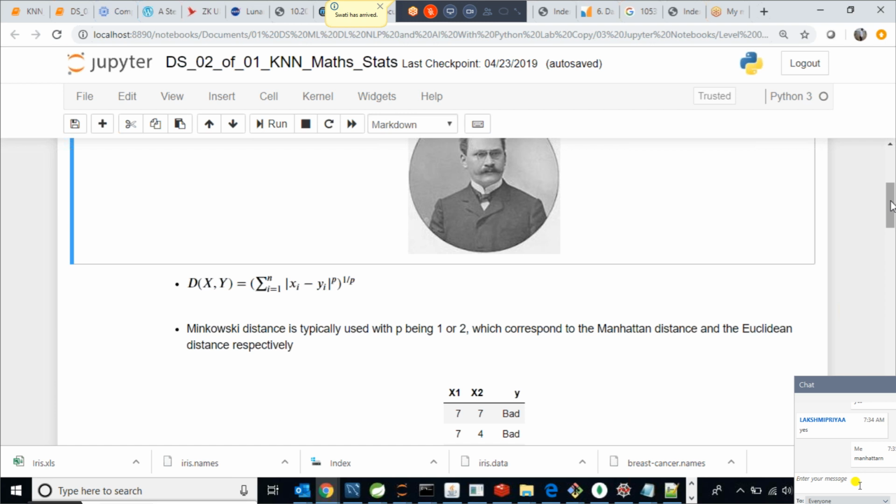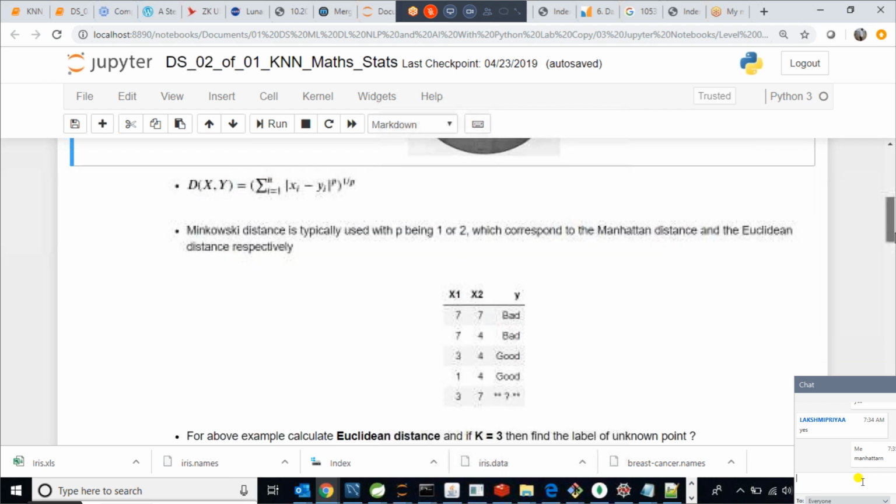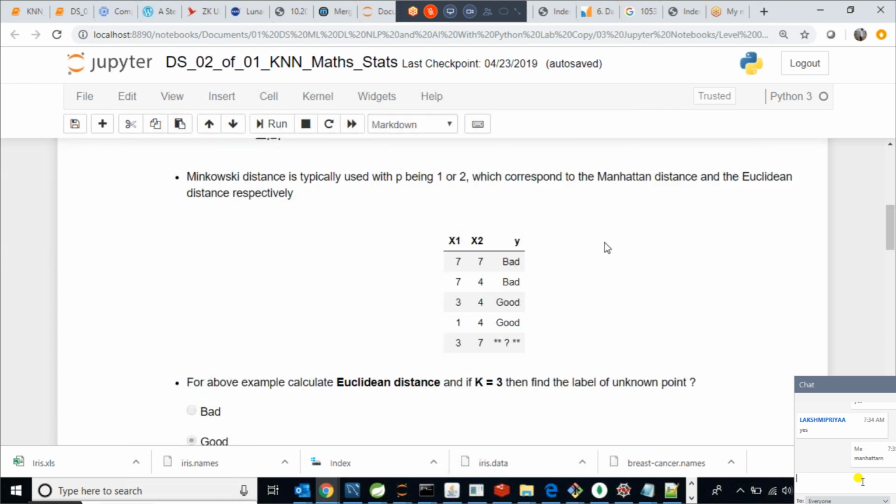If p is equal to 2, then you can say this is the Euclidean distance. By default, the KNN algorithm takes Euclidean distance.